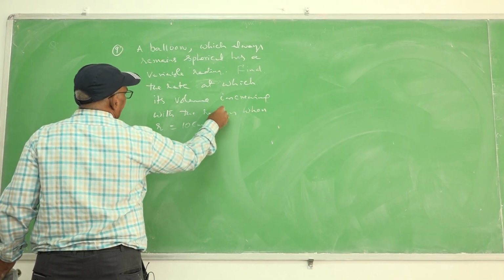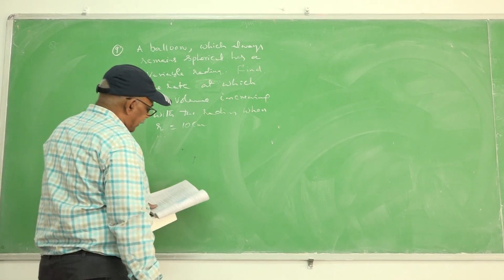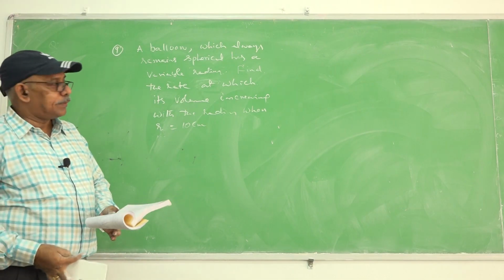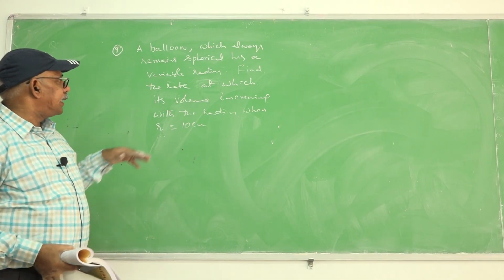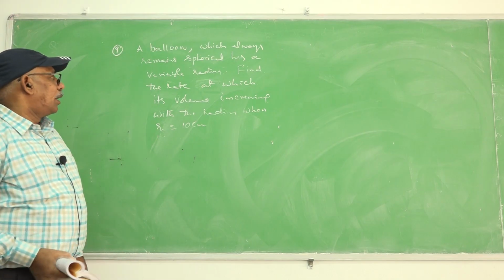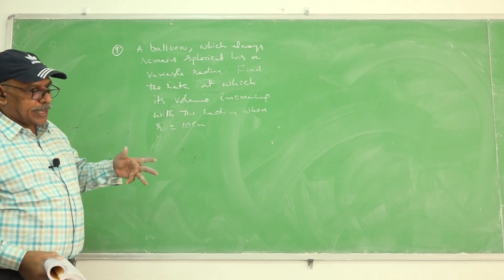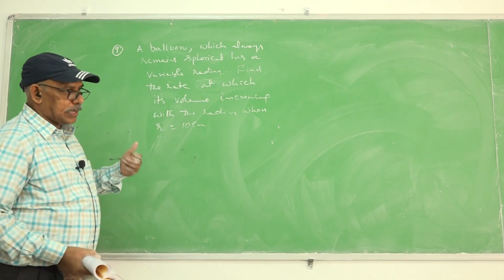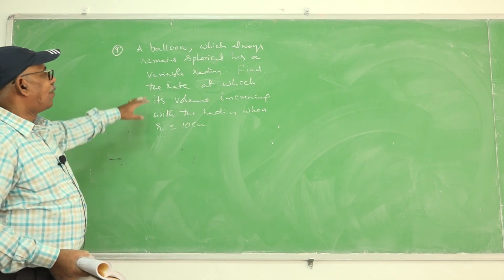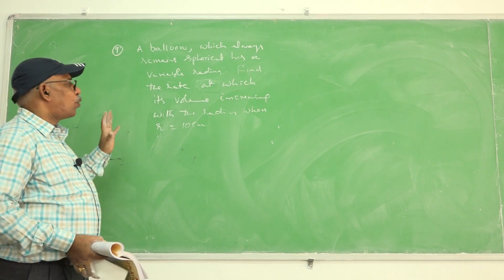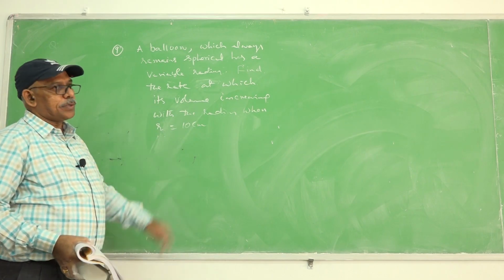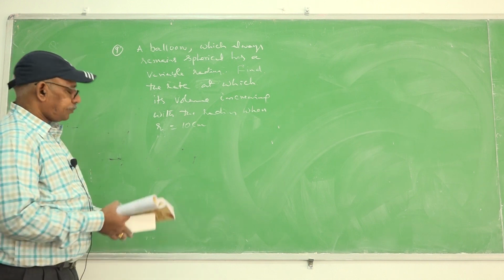Latter means the second one: the radius is 10 centimeters. A balloon which always remains spherical has a variable radius. The radius changes according to time. Find the rate at which the volume is increasing with the radius when r equals 10 centimeters.